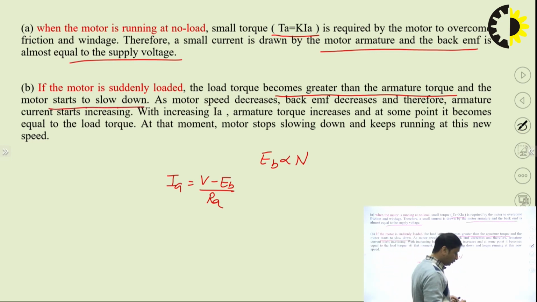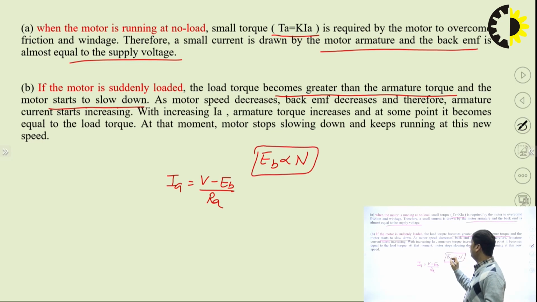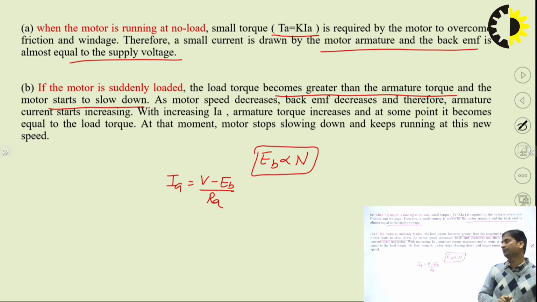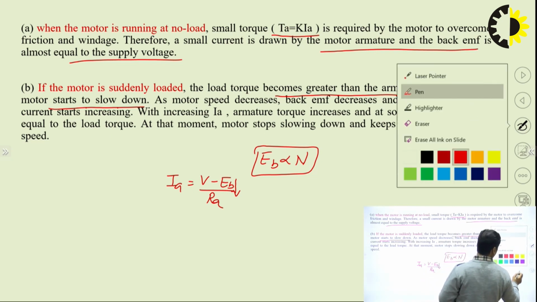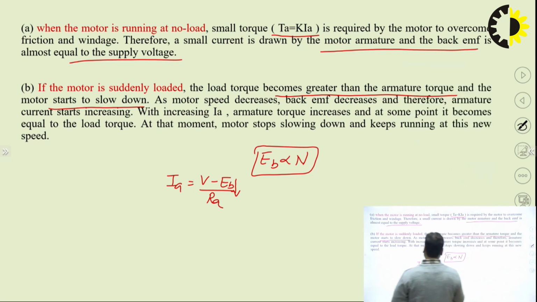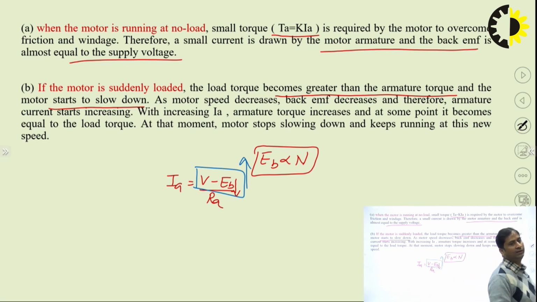When the motor speed decreases, the back EMF also decreases. With the decrease of this back EMF, the numerator part, V minus EB, will increase.